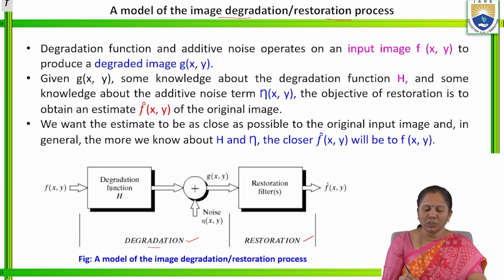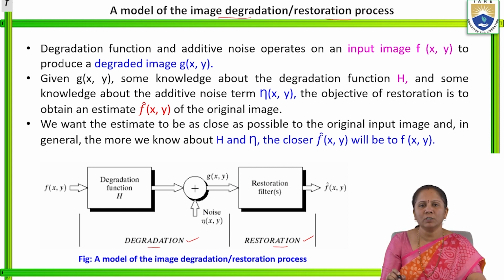The degradation block is used to add noise to the original image, and the output from this degradation block is fed as input to the restoration block. The function of the restoration block is to bring back the original image. Totally, this degradation and restoration process is used for image enhancement. Image enhancement means improving the quality of the image.